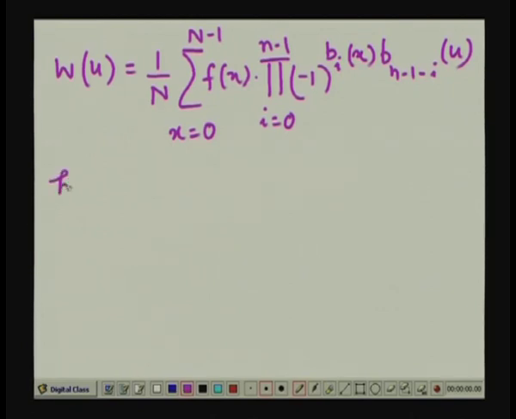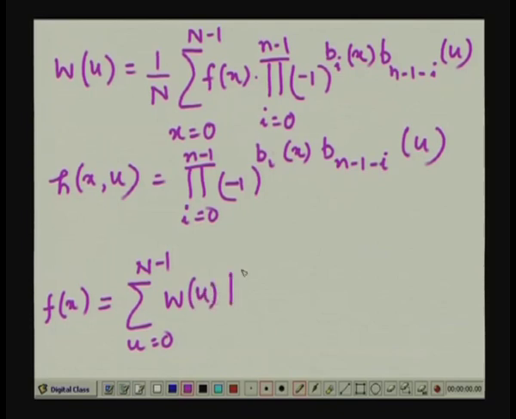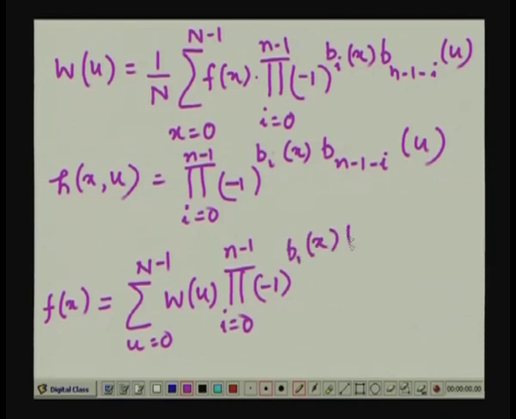So, H x u, the inverse transformation kernel, is same as product I equal to 0 to lowercase n minus 1 of minus 1 to the power b I x into b n minus 1 minus I u, and using this inverse transformation kernel we can get the inverse Walsh transformation as f x equal to summation u equal to 0 to capital N minus 1 w u product I equal to 0 to lowercase n minus 1 of minus 1 to the power b I x into b n minus 1 minus I u.